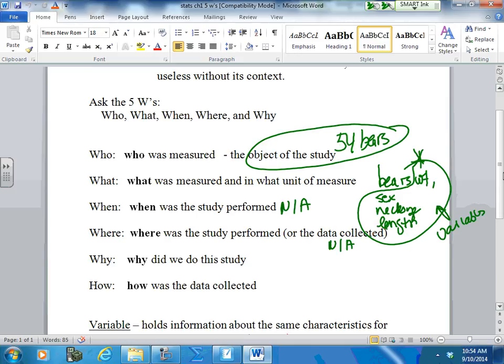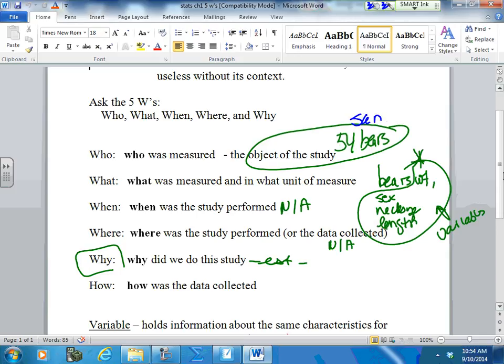Why did they do this? Oh, good, because this tells us why. So they can estimate all the variables for the ones that they can't get a hold of. Okay, so they're approximating, they're pulling out a sample from a population of bears. Their sample is 54 bears.